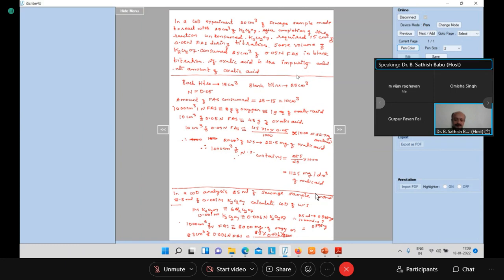Cross multiplication. Yes, sir. So it comes out to be 15.9 mg per dm cube. So the trick involved here is just to convert this molarity into normality. Okay.